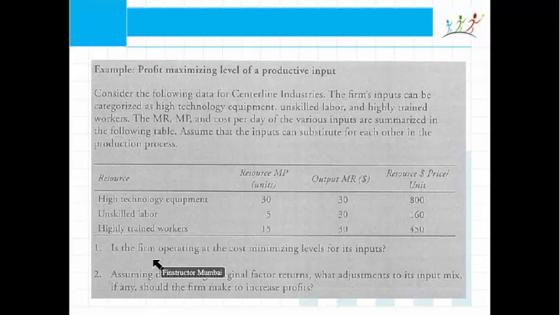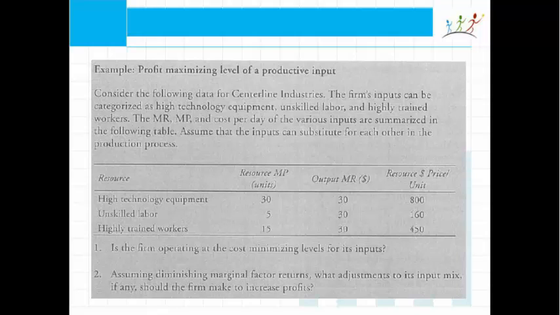Is the firm operating at the cost minimizing level for its inputs? Is the first question. So how do we know if it is at the optimum level? The marginal product per dollar spent should be the same. So the marginal product per dollar spent for high technology equipment is how much?